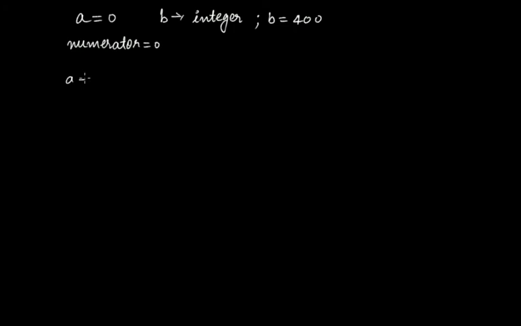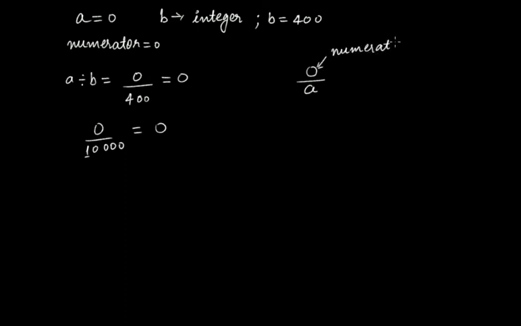If you divide a by b, then it will be 0 divided by 400, and your answer will always be 0. If it is 0 divided by 10,000, even then your answer will always be 0. Whatever integer you keep in the denominator, if your numerator is 0, then your division will always be equal to 0.